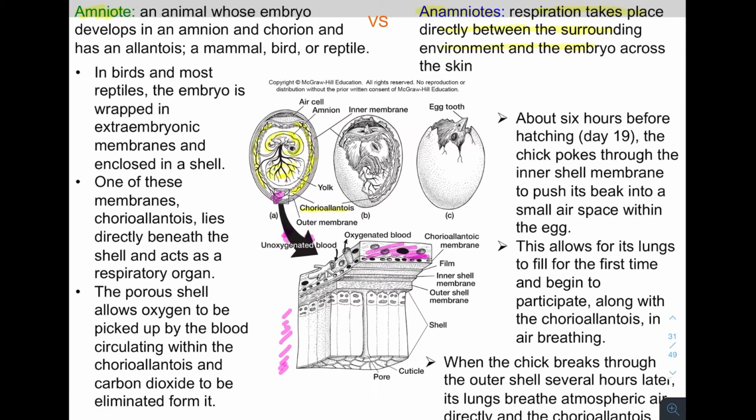And so it's serving as a respiratory membrane. The shell, surprisingly, and these are microscopic so you cannot see them, have pores which allow for the gases to be exchanged through that pore. And so oxygen can go into that pore and oxygenate the blood vessels that are in that chorioallantoic membrane.